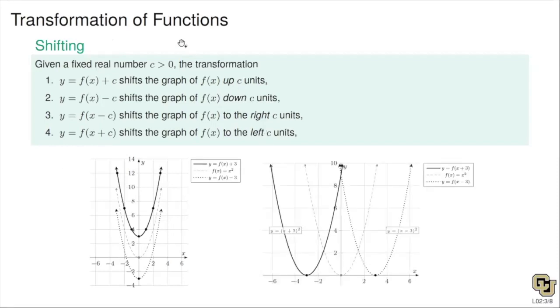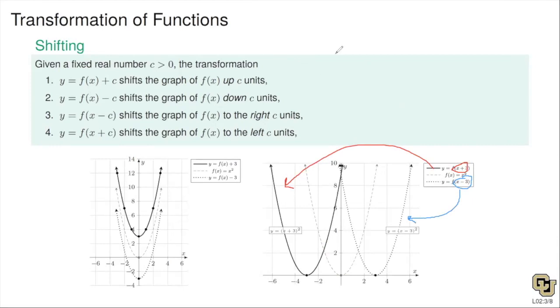So here you have an example of the shifting. Again, the base function I started with is the parabola y equal to x squared. That's right here. In one case, I'm adding 3, so that gives us this left shift, or the axis shifted to the right. In the other case, I'm subtracting 3, and that causes a shift to the right, or the x-axis moved to the left.